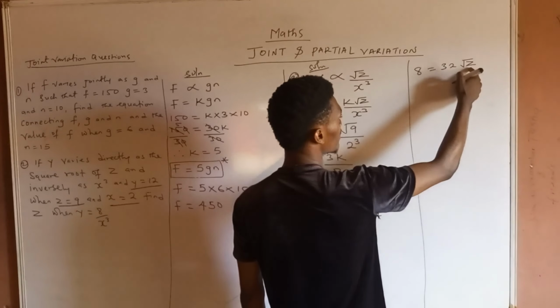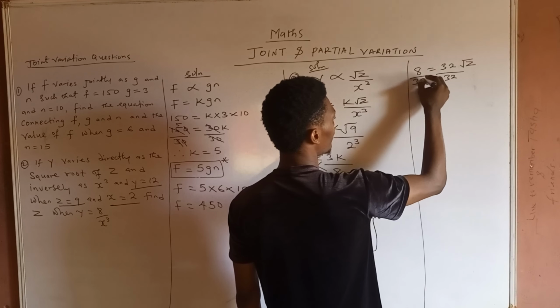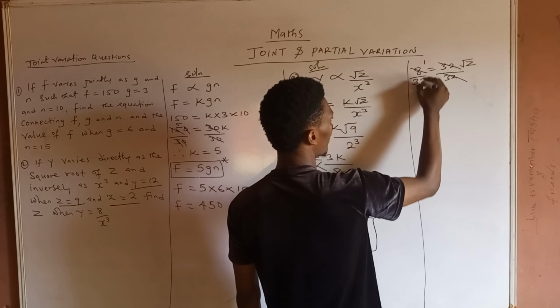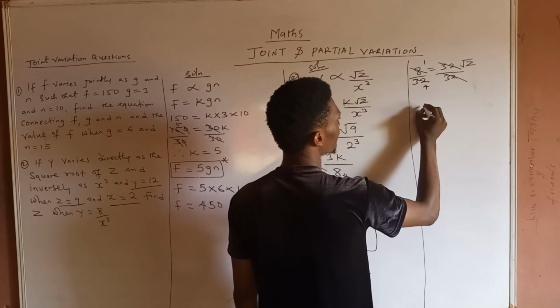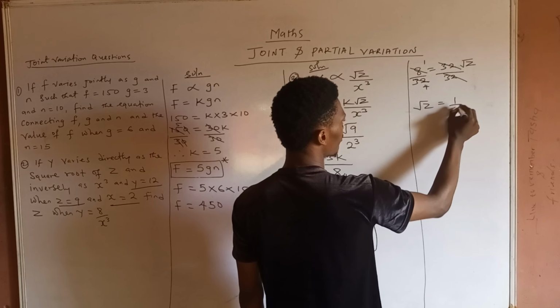And to make the root z stand on its own, you have to divide both sides by 32. When you do that, this 32 will strike out, and then 8 into itself is 1, then 8 into 32 is 4. So that becomes our root z is equal to 1 over 4.